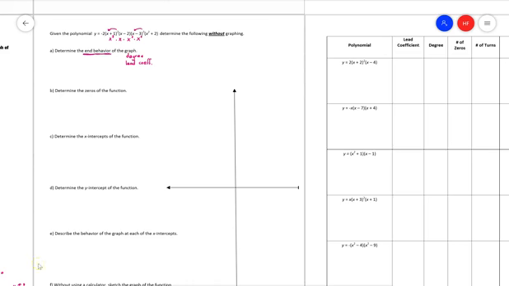We're actually going to get rid of this last piece, because this last piece would give us an imaginary 0, and we haven't really talked about those. So with the end behavior, the degree we're going to find by what we just wrote out. So the x squared times the x cubed, that's an x to the 6. So my degree is 6.